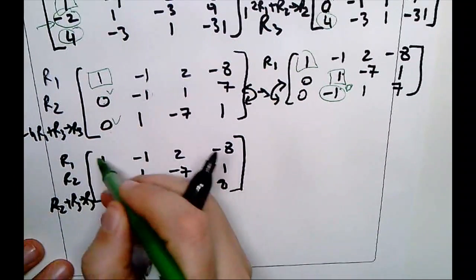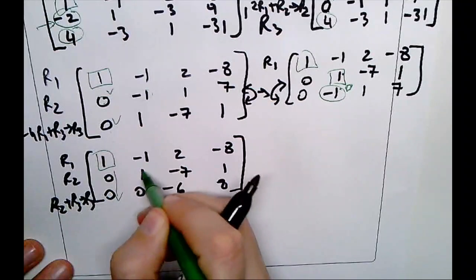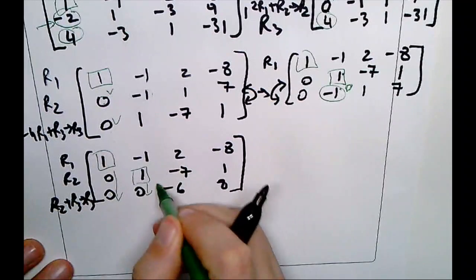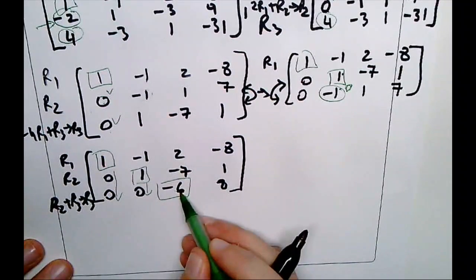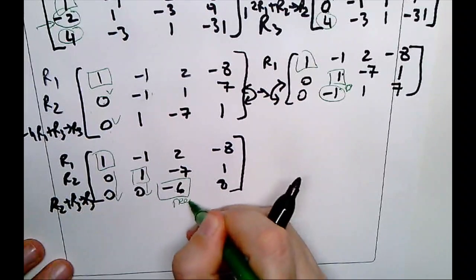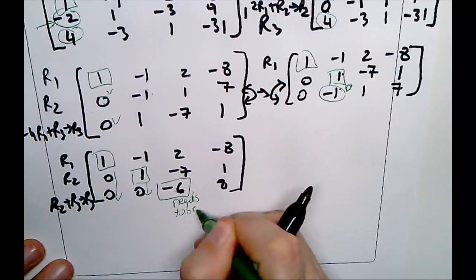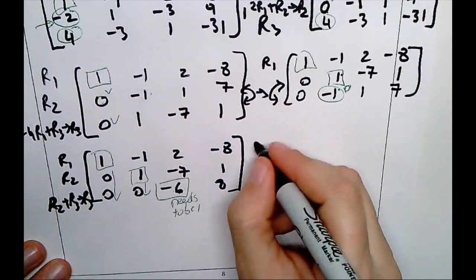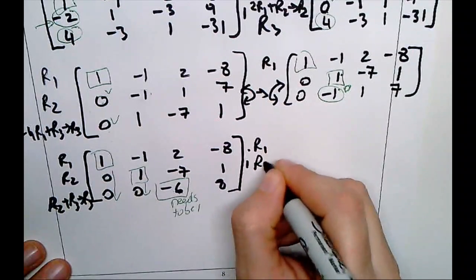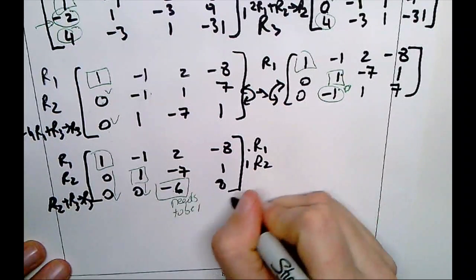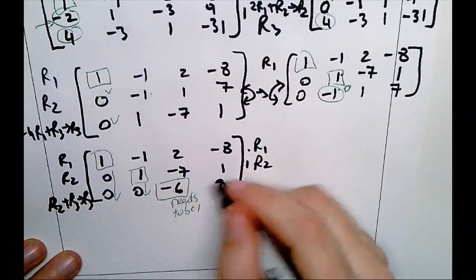So leading entry, 0 below it. Leading entry, 0 below it. I need this to be a leading entry, so I need it to be a 1. Row 1 stays the same, row 2 stays the same, and row 3 I need to divide by -6.